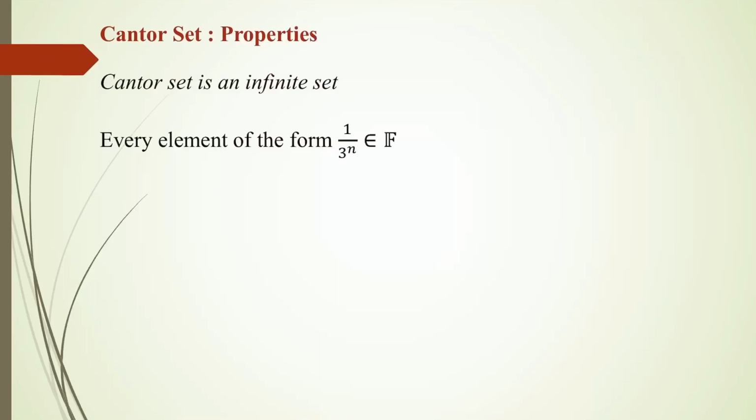So how can we prove this? We know that 1 by 3 will be in the Cantor set, 1 by 3 square, 1 by 9 will be in the Cantor set, 1 by 27 will be in the Cantor set. So every element of the form 1 by 3 power n is an element of the Cantor set F. Okay, this is true for every n element of natural numbers. So the Cantor set must be an infinite set.